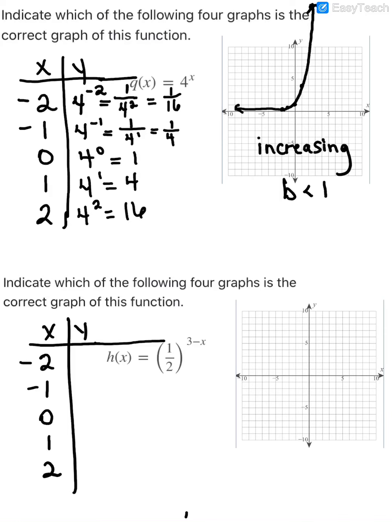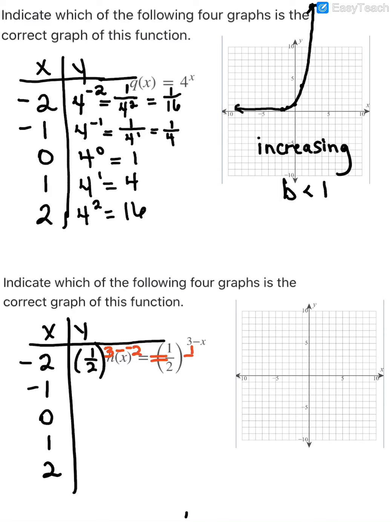So in this case, we have a base that is a fraction, 1/2. And we have a power that has the expression 3 minus x. So notice on this first one, let me just change colors so I don't blend in there. When I take my power of 3 and I subtract my x of -2, that 3 minus -2 is going to actually turn into a positive 5.